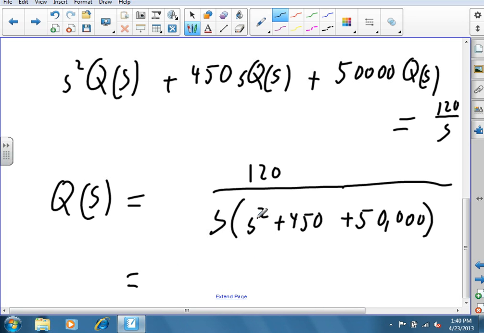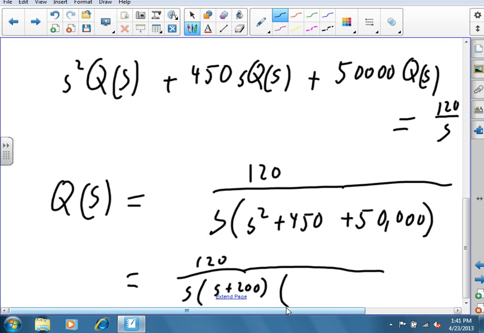So it's going to be 120 divided by S times S plus 200 times S plus 250. I probably could have factored that, right? But I look at it and yeah, that's right. Right there it's a polynomial solver.